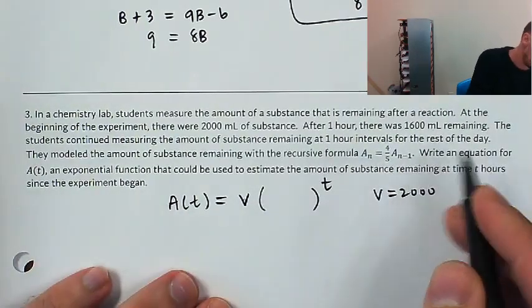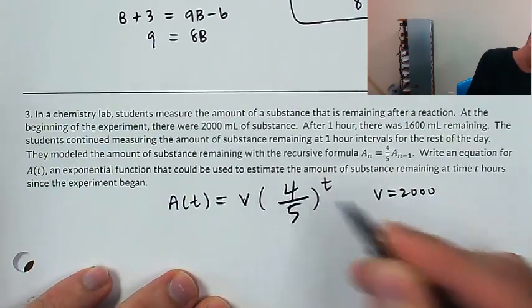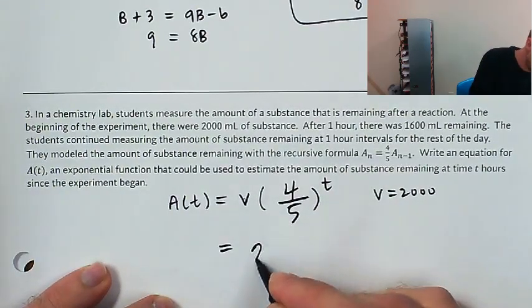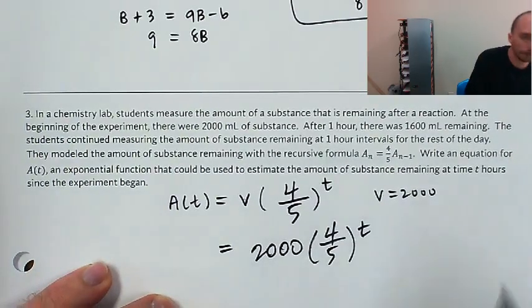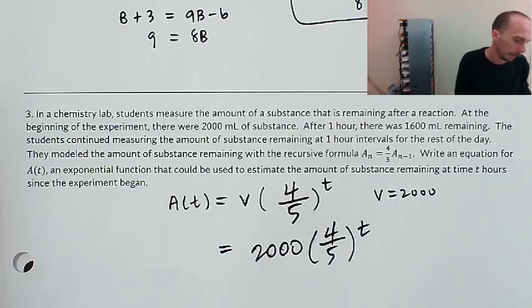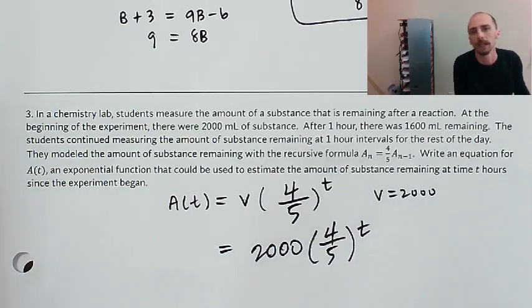I'm just multiplying by 4/5. Okay. So this is going to be 2,000 times 4/5 to the t. After 1 hour, there's 1,600 milliliters remaining. Okay, well, if I multiply 2,000 by 4/5 to the 1, that's 1 hour, I am going to get 1,600, so that makes sense. It fits.